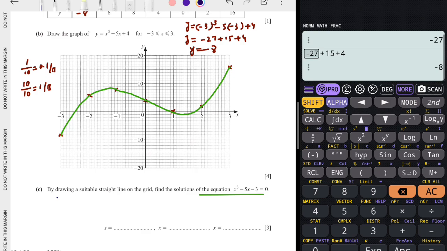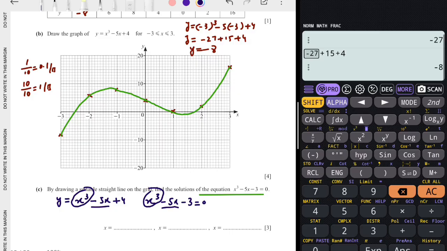The original equation is y is equal to x cube minus 5x plus 4, and this equation is x cube minus 5x minus 3 is equal to 0. Students, if you compare both equations, there is a difference of one value. x cube and x cube are the same, minus 5x is the same, but minus 3 and plus 4 are different.